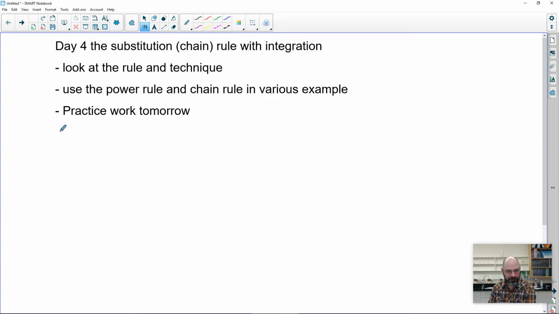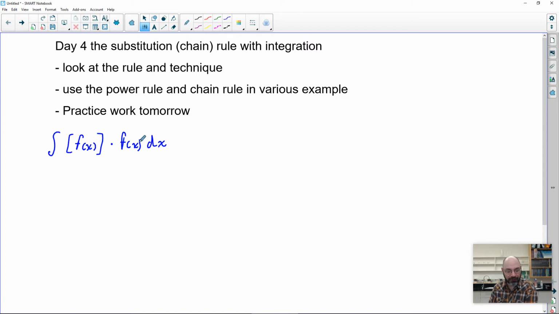So if you're going to integrate something that is, say, a function f of x, and it has f of x dx here. Okay, so there's kind of a chain of two functions in there like that.